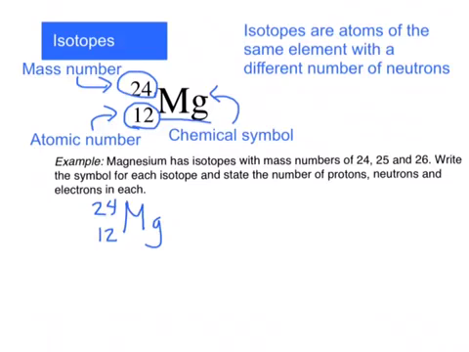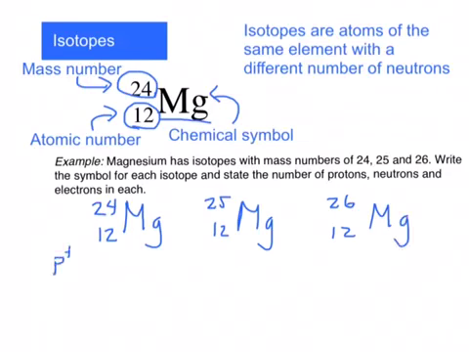Okay, for the one that has 25, the only difference would be that we put the 25 in that top corner, but the Mg and the 12 stay the same, and so the 26, again, the same pattern, just like that. Okay, so each of these, for the number of protons, is going to be 12, right?